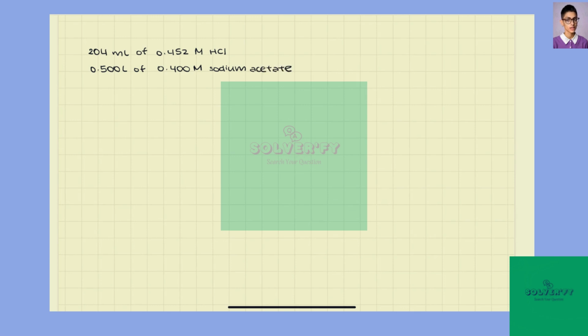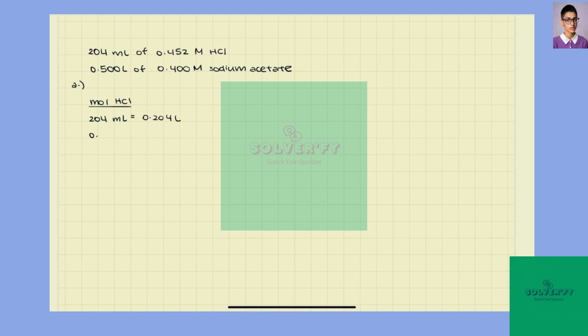We will first need to solve for part A. We can first find the moles of HCl. 204 milliliters is equivalent to 0.204 liters.